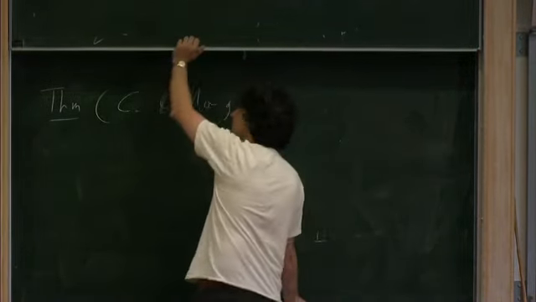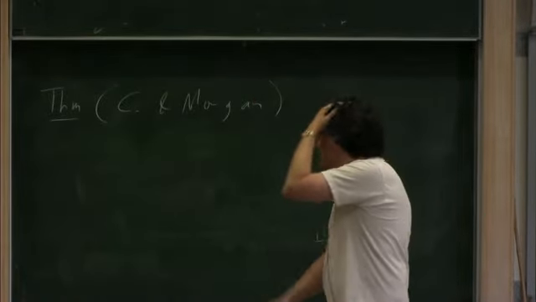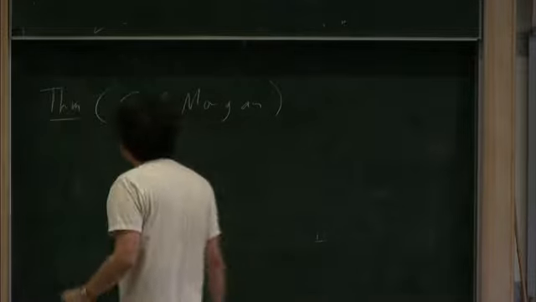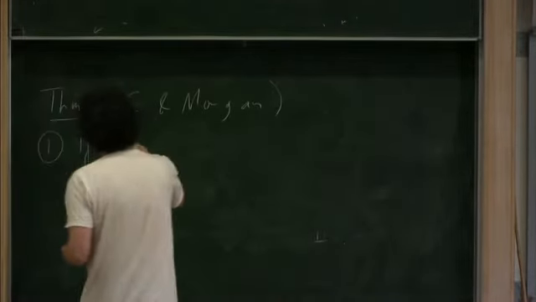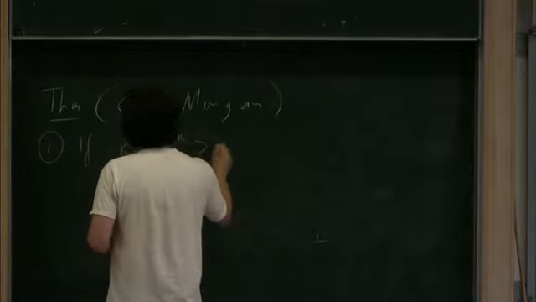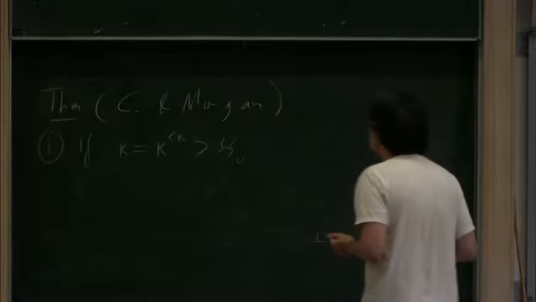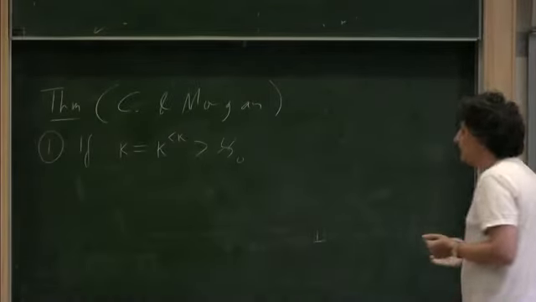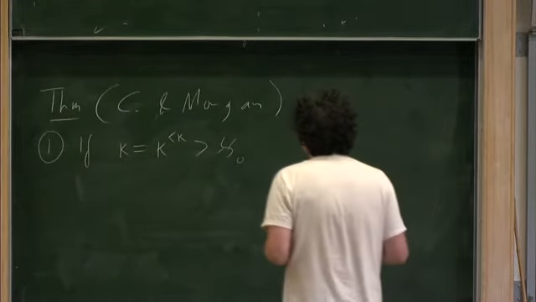So we can actually do a couple of things relevant to this. For the first bit, the hypothesis is just that kappa is uncountable, and we want kappa equals kappa to the less than kappa.